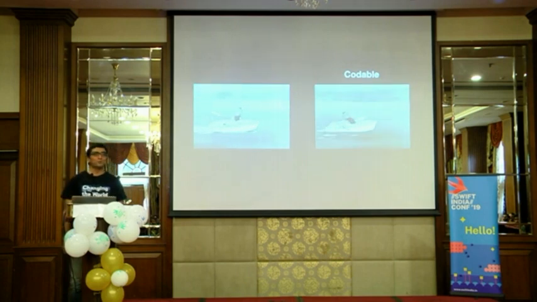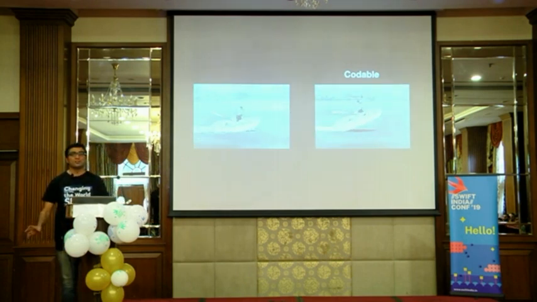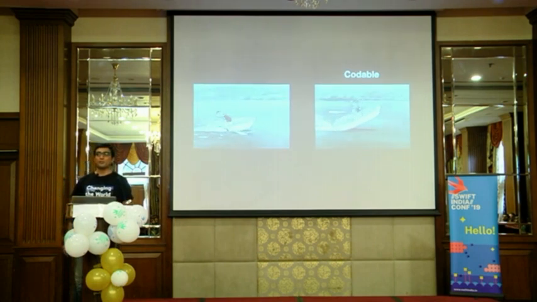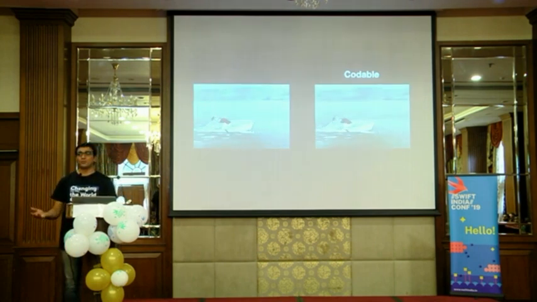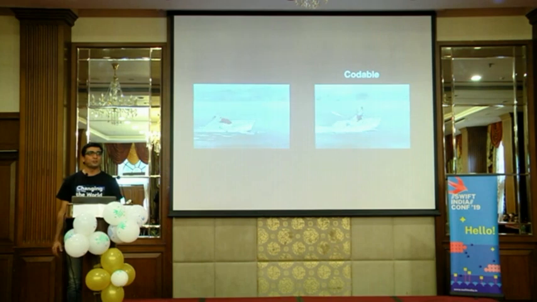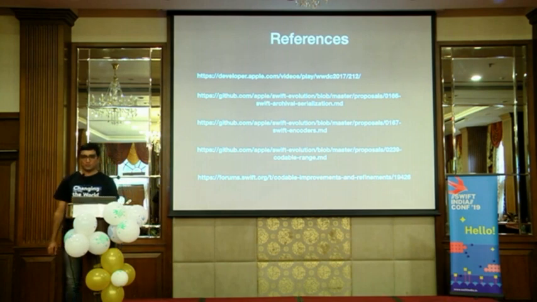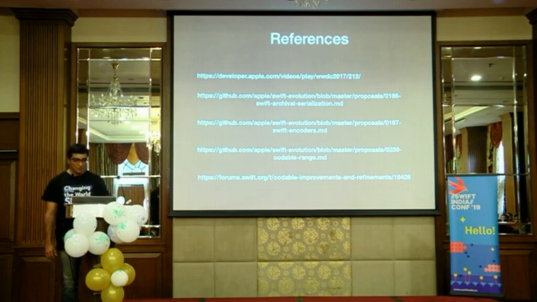So you can focus more on your objects and things like that, and you can customize yourself. You need not put too much effort into writing the boilerplate code yourself, like the way we used to do for NSCoder. There are some great references: the Swift evolution document itself is pretty good, and there are also some WWDC talks which help us understand Codable better.